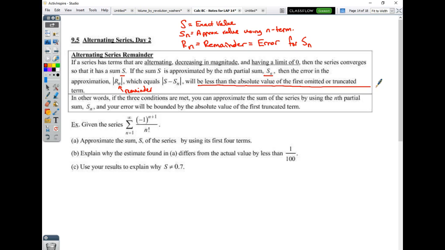If I tell you that I'm looking at S of 5, then the error for this problem is actually going to be less than the 6th term. If I tell you I'm looking at S of 20, my error is less than that 21st term. And that actually turns out to be a really useful thing.